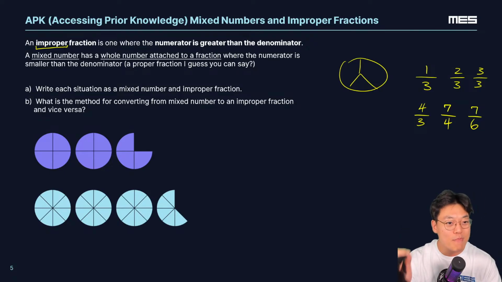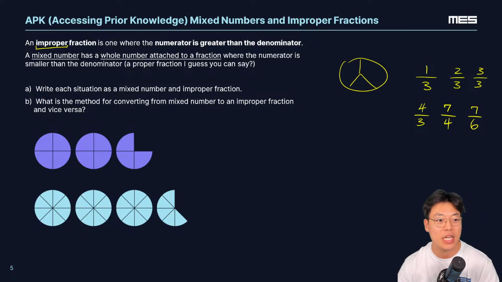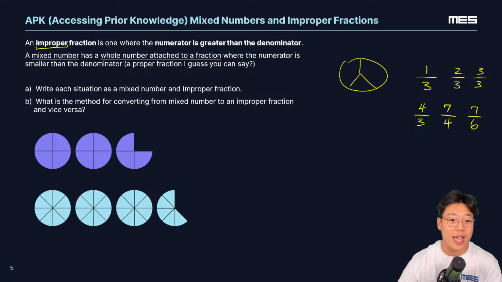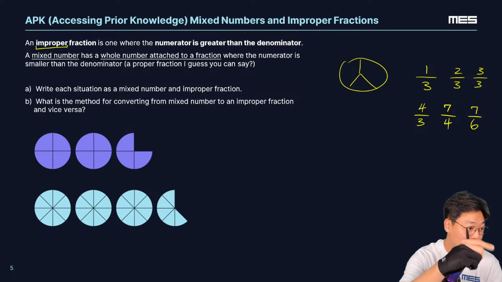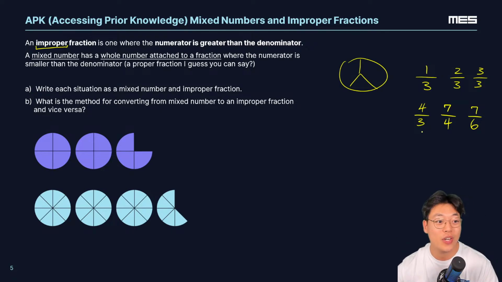Now, a mixed number is when we have a whole number attached to a fraction where the numerator is still smaller than the denominator. So let's use these 3 examples from me, Max, and Chloe to create mixed numbers that are equivalent to these improper fractions. So let's start with my example, 4/3, and let's see if you can get your own improper fractions into mixed number form.